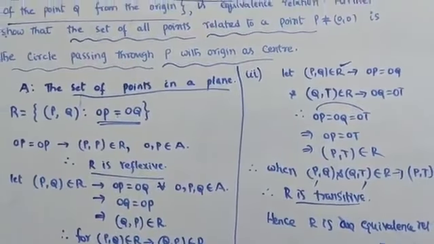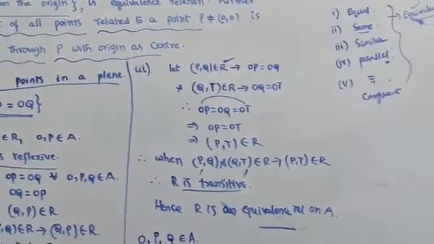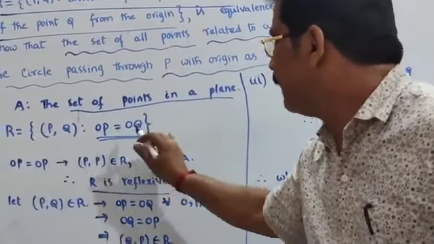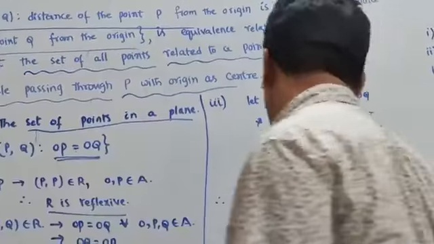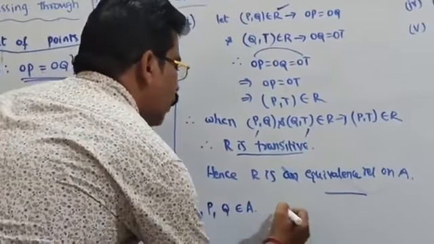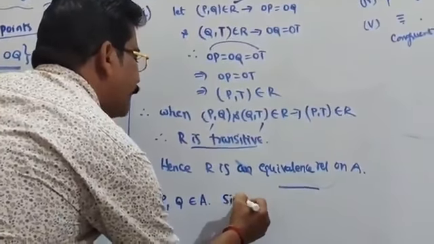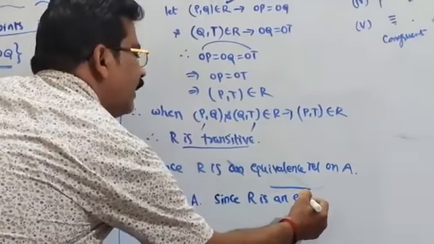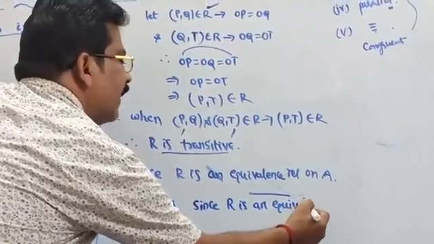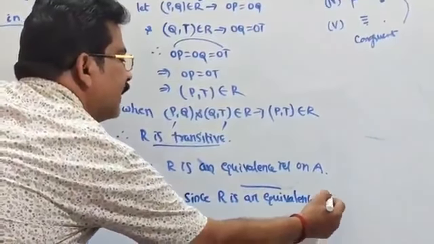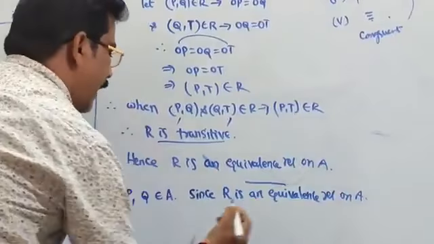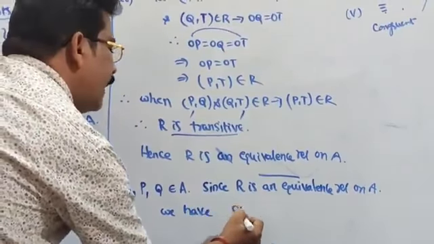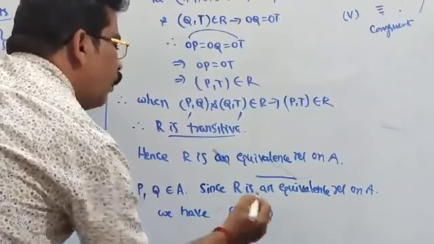Okay, O, P, Q belong to capital A. Whenever capital R is defined as OP is equal to OQ, since capital R is an equivalence relation on capital A, we have OP is equal to OQ.